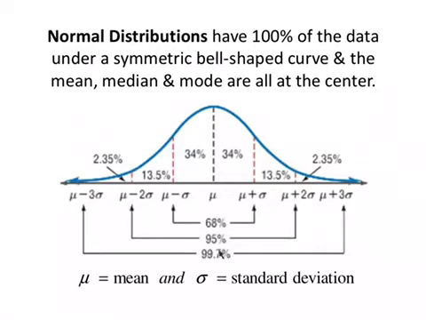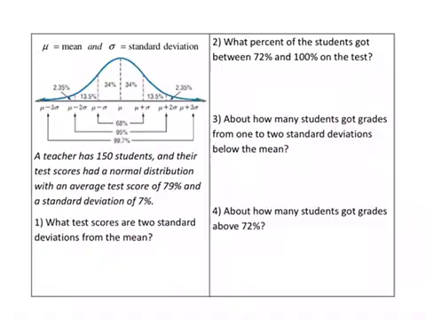You can get 99.7% of the data within 3 steps in both directions. So basically, on the edges, it's very, very unlikely, but it is possible to get numbers outside of that. So these steps and percentages are going to be very important to understand and reference.